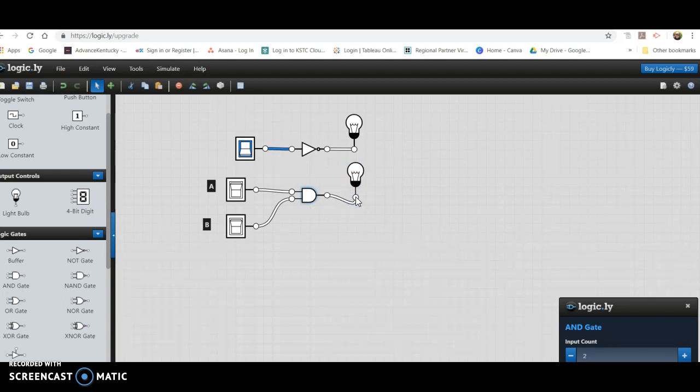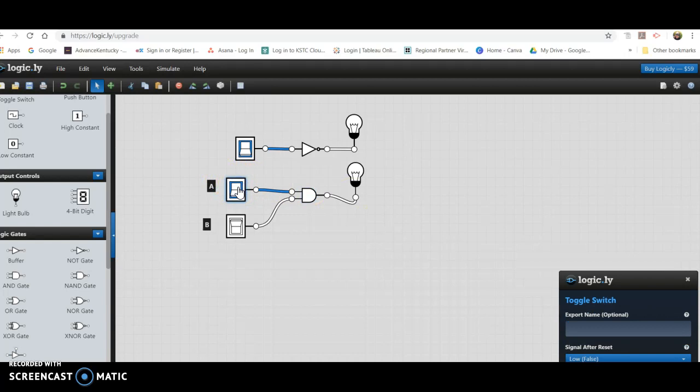Notice that A and B being off results in the light bulb being off. If I turn on the switch for A, now A is on, but B is off. Putting that through the AND gate, we still result in the light bulb being off. Turn off A, turn on B. Notice that the light bulb is off.